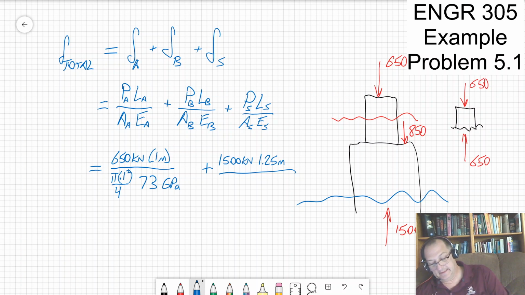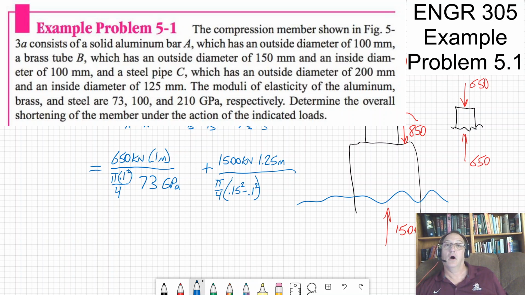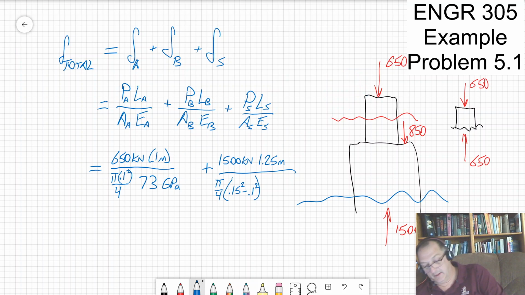So pi over 4 times 0.15 squared minus 0.1 squared, times the modulus of elasticity for the brass, which is 100 GPa.